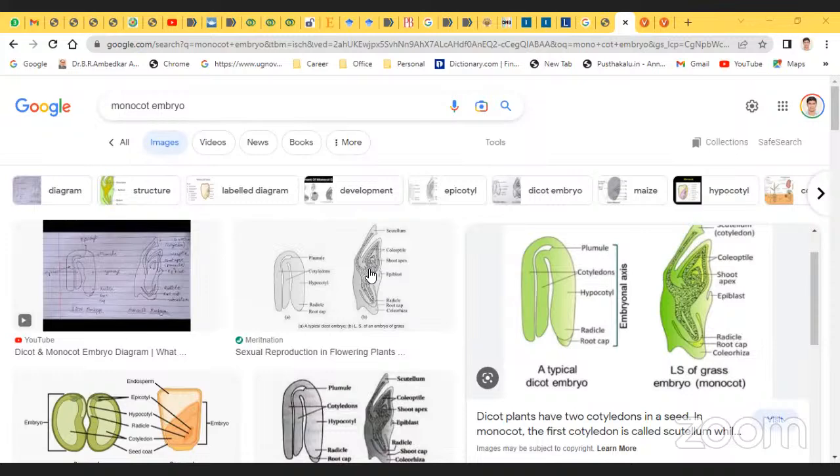Next, the young endosperm is rich in growth hormones also, as in coconut milk. What are the growth hormones? Gibberellins, auxins, and cytokinins. What is the role of these hormones? What are plant hormones?